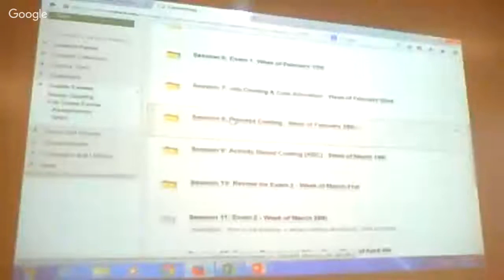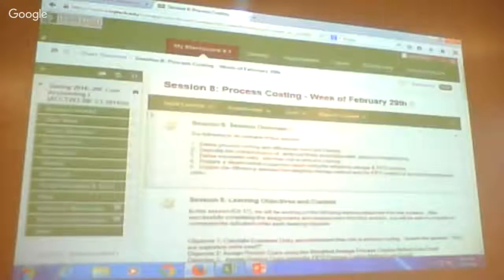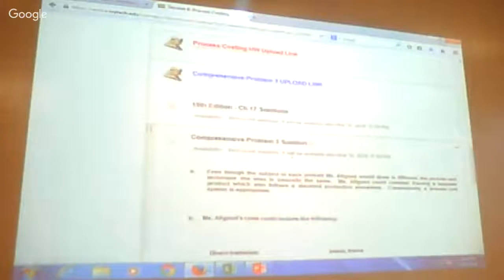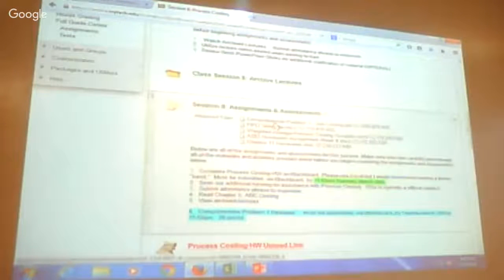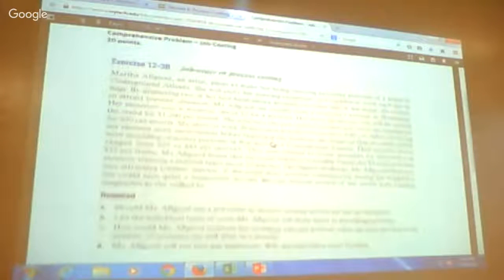Let's take a quick look at the comprehensive one. Basically you're given a scenario of an artist, with all the information about her costs. You have to tell me whether she should use a job order or process costing system, and why.